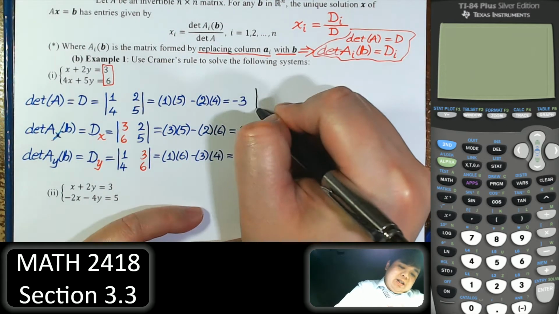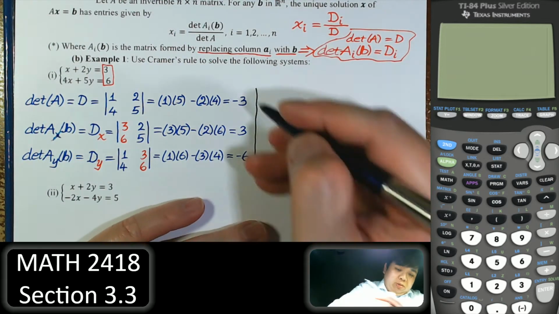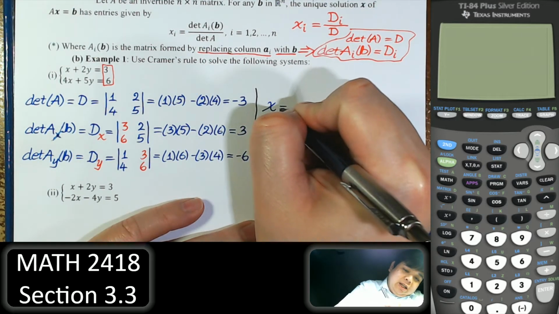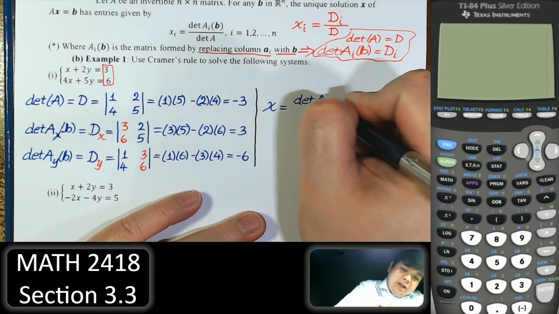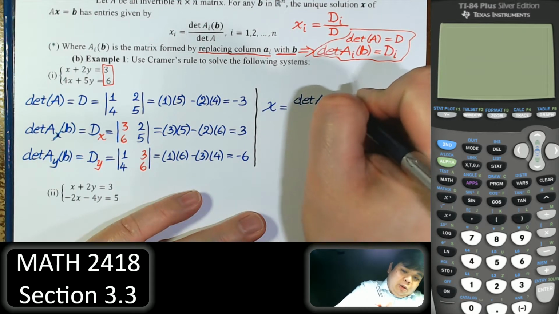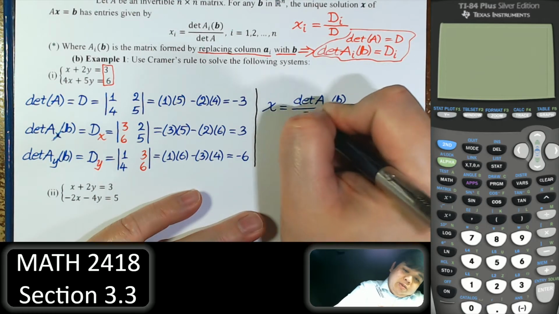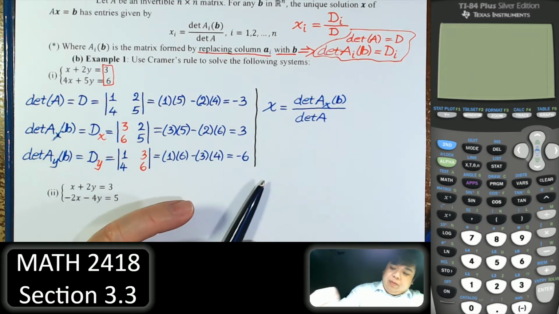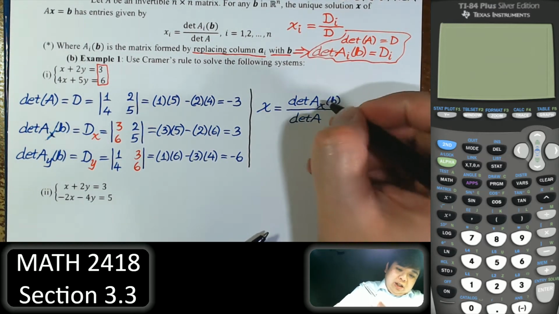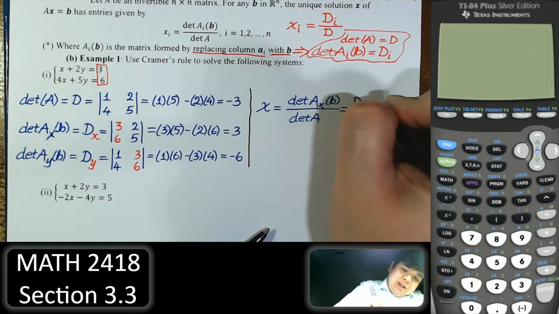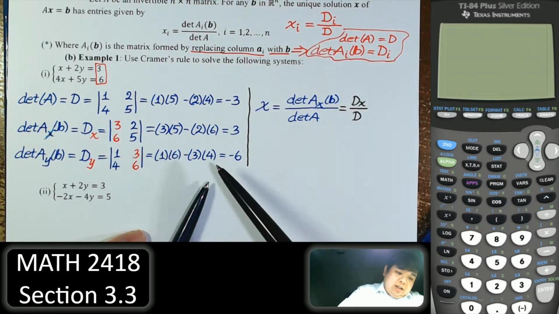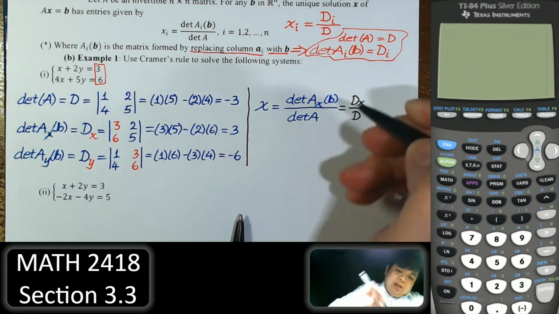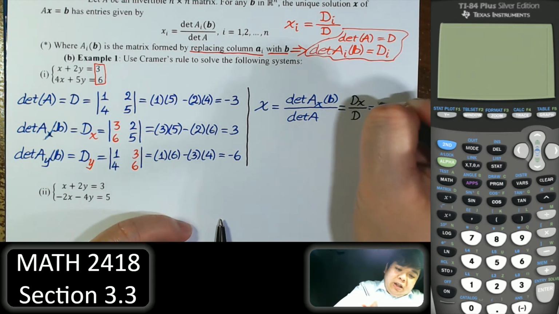And after all of that, we will define x as equal to the determinant of A with column x replaced by b, over the determinant of A, which is just D_x over D. So 3 over -3 is -1.